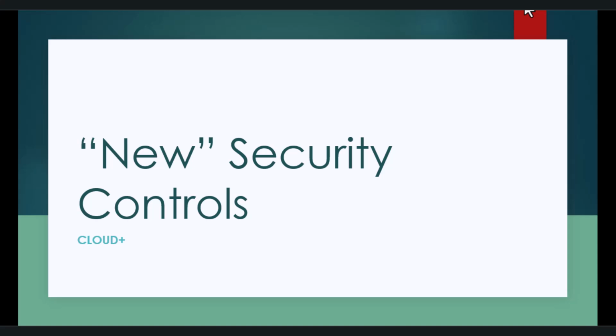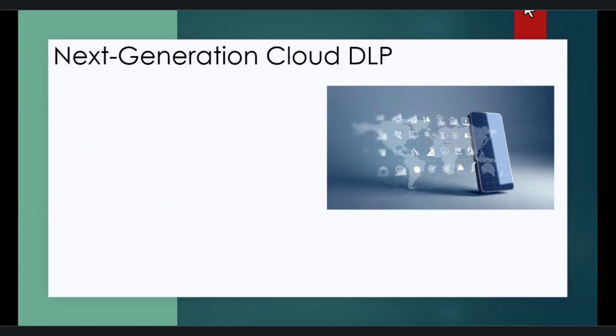However, what CompTIA wants you to understand, and we'll talk about it in this lesson, is how cloud computing and next generation solutions have actually made these new security controls. So in this lesson, we're going to be looking at next generation DLP, cloud-based IDS and IPS, starting with next generation cloud DLP.